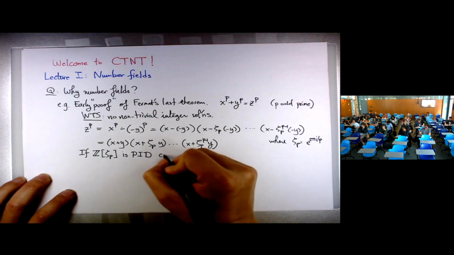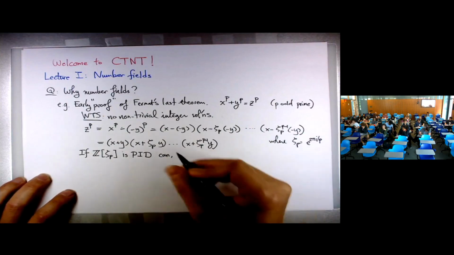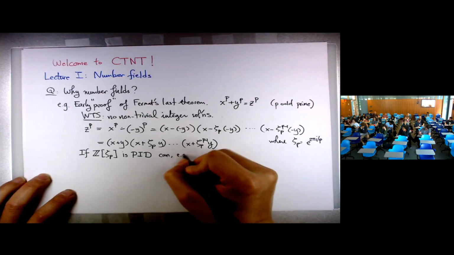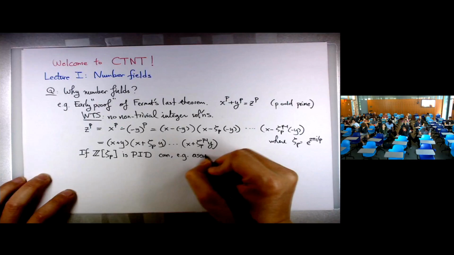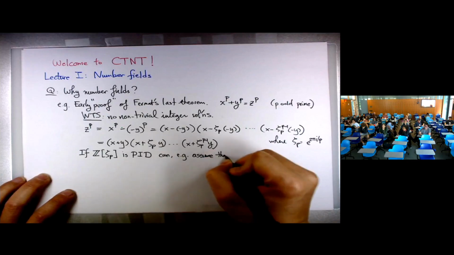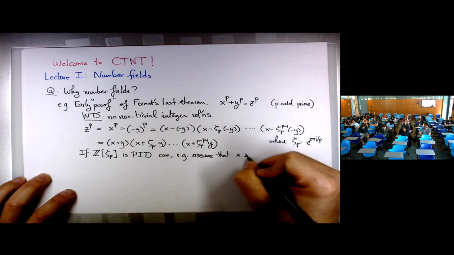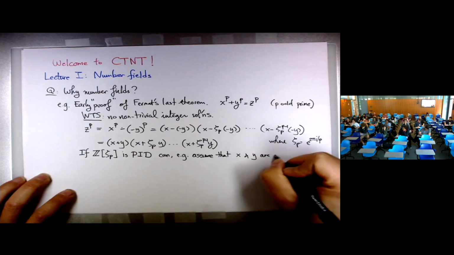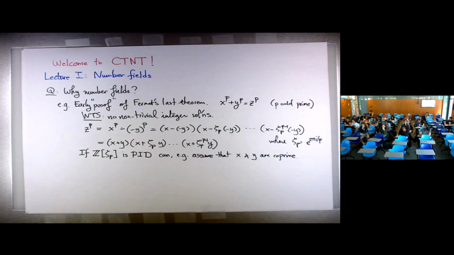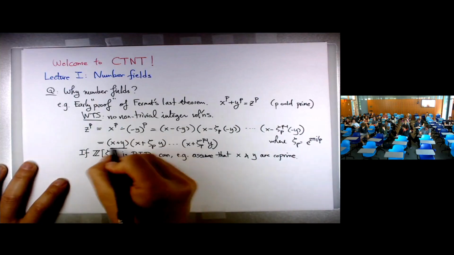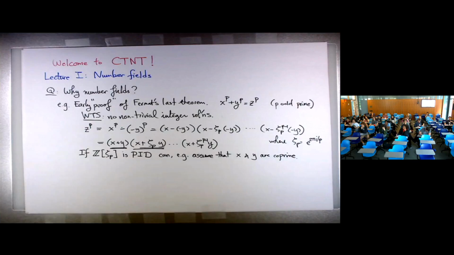Then first of all, I can assume that x and y are co-prime, because there's no reason to keep a common prime factor. After that, you see that x plus y and x plus zeta p y are very close. If you take the difference, it's zeta p minus 1 times y.